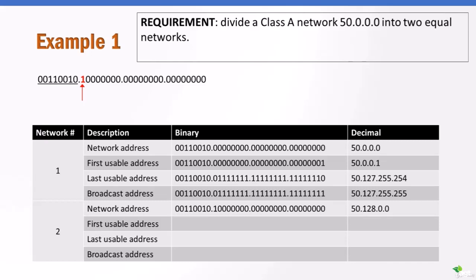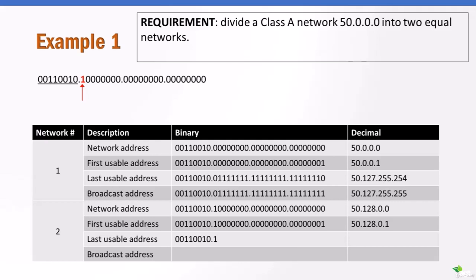To determine our first usable address, we're going to copy the network portion, and then we're going to use all zeros, but for the last bit, we're going to use 1. And in decimal numbers, that's 50.128.0.1.